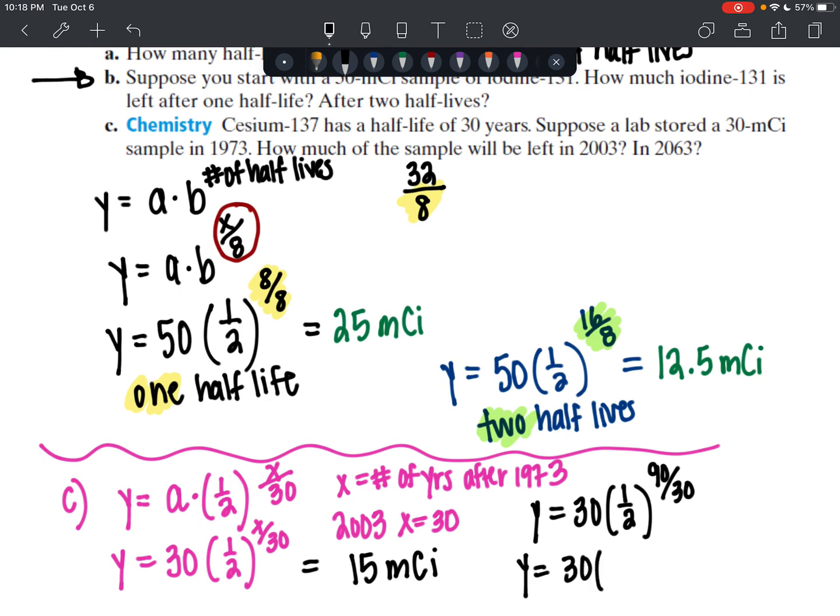So y equals 30 times 1/2 raised to the 3rd power, which is 30 times 1/8, which is 15 over 4, which is 3.75. So 3.75 millicuries. Is it millicuries? Yeah, millicuries. We're measuring it in millicuries.